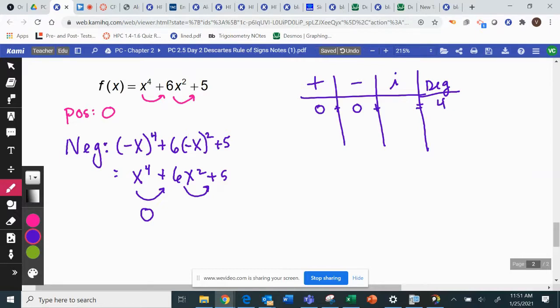So we have 0 positive, 0 negative. How many imaginary do we have? 4. Is there another scenario? No, because 0 is the max, so we can't really go down from 0. So this is the situation.